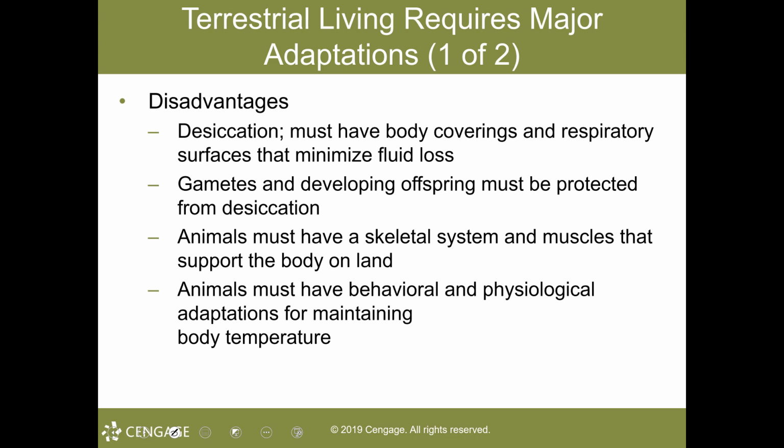Reproduction on land also poses a challenge to protect the gametes and the developing offspring from desiccation. So aquatic animals typically release their gametes in the water where fertilization occurs. Some land animals, including most amphibians, return to the water for reproduction, and their larval forms develop in the water.